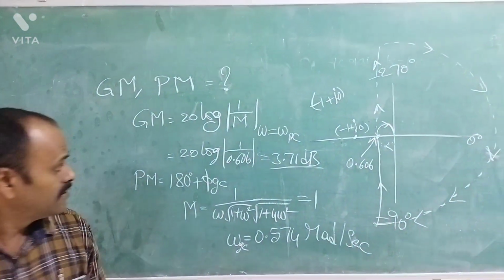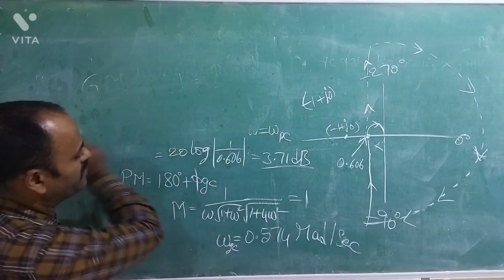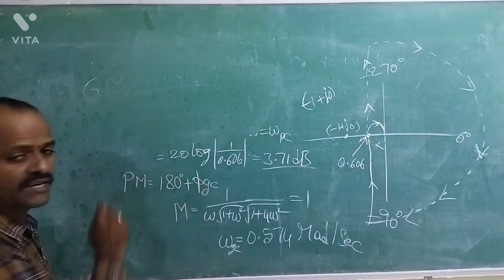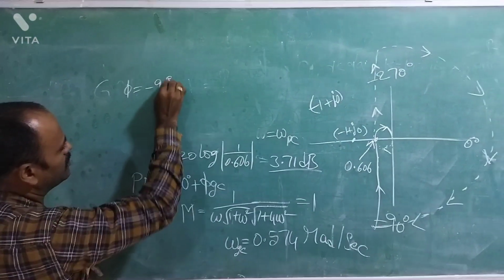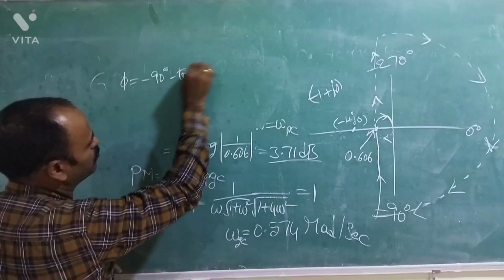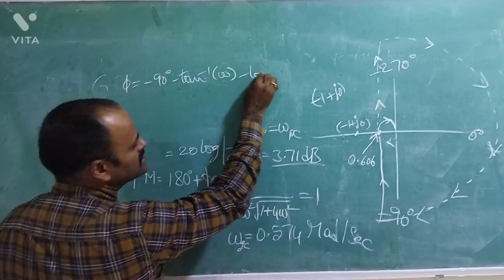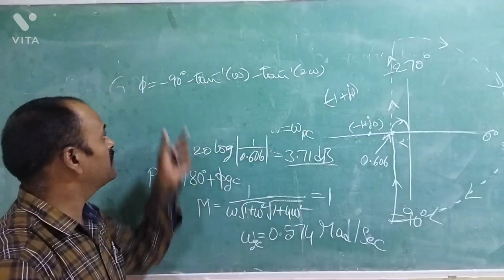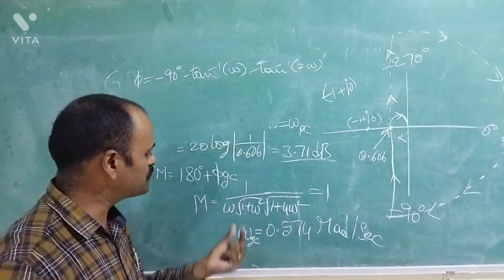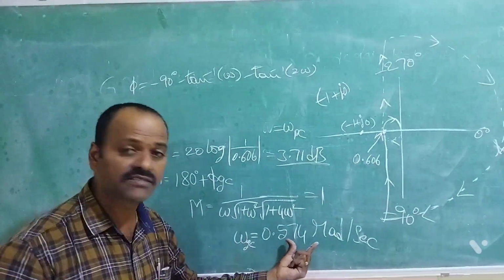Now, phase margin is equal to 180 plus phi GC. We know the phi equation: phi is equal to -90 minus tan inverse of omega minus tan inverse of 2 omega. So in this phi equation, let us substitute omega equal to omega GC, that is 0.574.